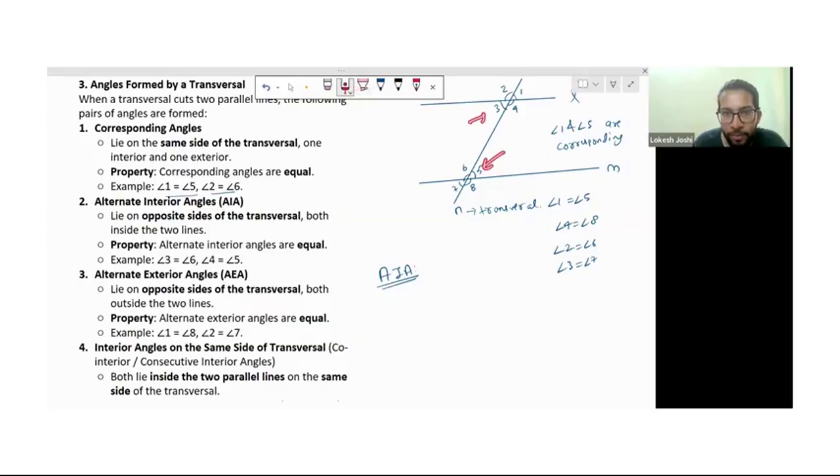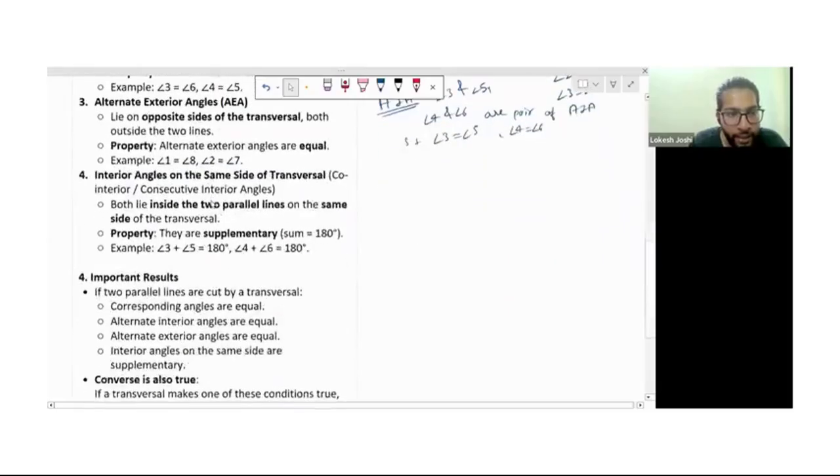They are on opposite sides. So we can say angle 3 and angle 5, and the other pair, angle 4 and angle 6, are pairs of alternate interior angles such that they are equal, which means angle 3 is equal to angle 5, angle 4 is equal to angle 6. So that's for alternate interior angles.